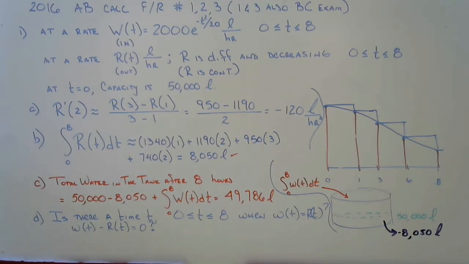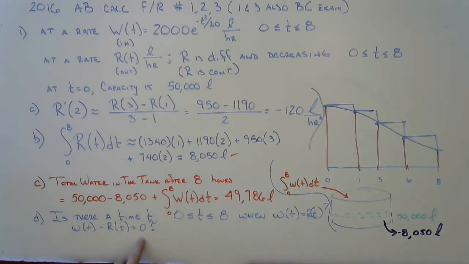So since they're continuous, is there a time when this is going to be 0? Well, this is an intermediate value theorem question. It's what they're hoping you can pull from this. They're hoping you can think this through, take these hints, and come to the conclusion, wait a minute, I want to know if it's going to be 0.